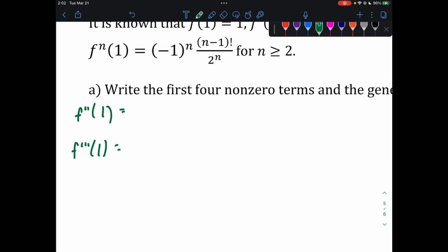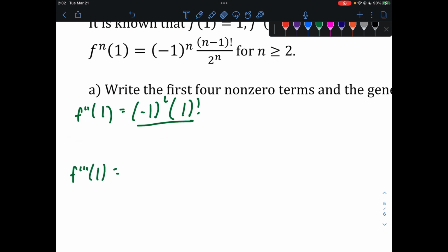So if I put 2 in for n, I would get negative 1 to the second power times 2 minus 1, which is just 1 factorial, all over 2 squared, which is just 1 times 1 over 4, or 1/4.